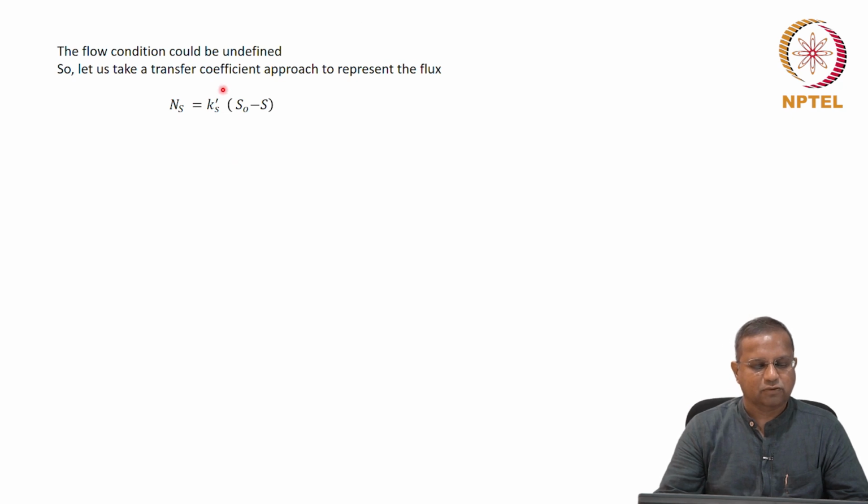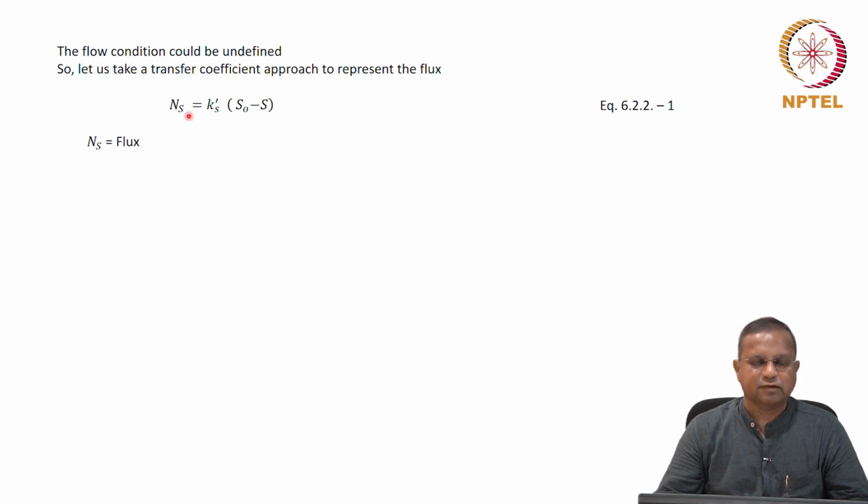It is of the form of a transfer coefficient times a concentration difference. So, you can see the use of a transfer coefficient approach here. Let us call this equation 6.2.2-1.